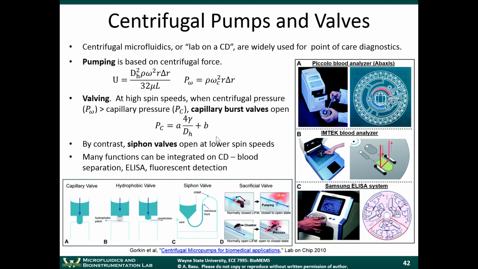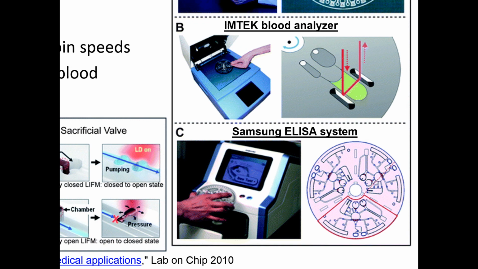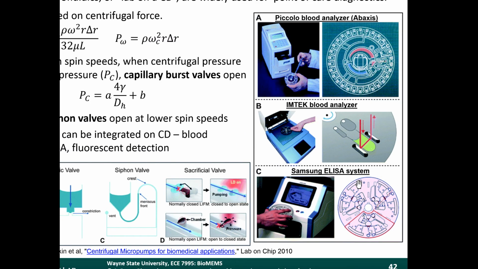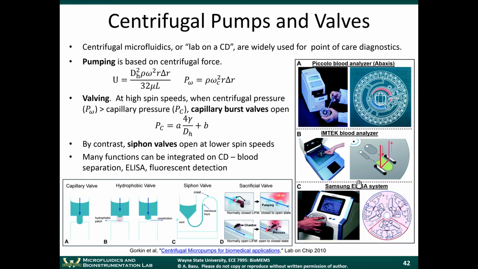If your microfluidic chip were a disc, and you put your samples somewhere in the middle of the disc, and then you spin the disc, the centrifugal forces are going to push the liquids from the inside of the circle to the outside of the circle. Basically based on this centrifugal force.